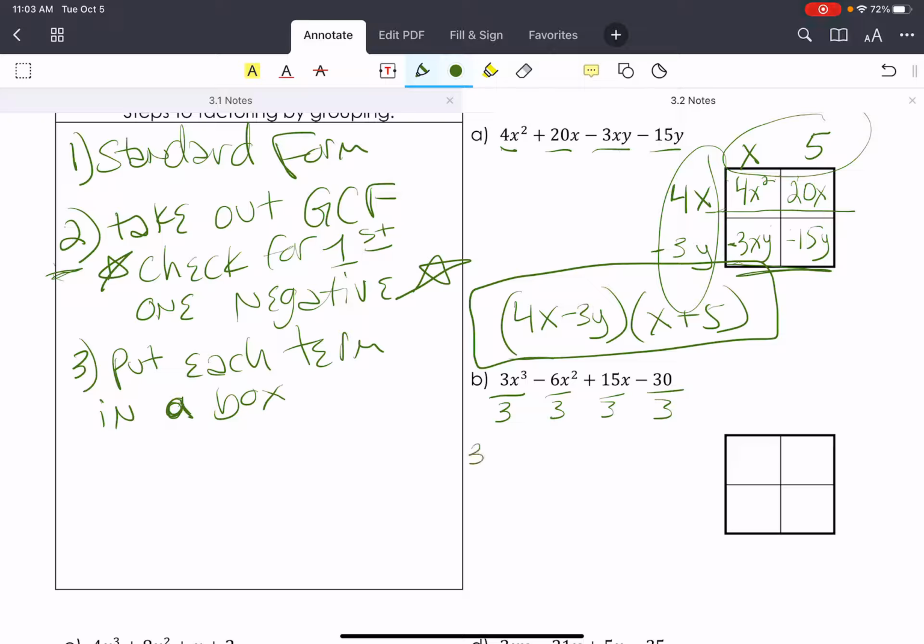So if I divide that GCF out, so now what I'm putting in the box is not the original. It's when I've taken out my GCF. So x cubed, negative 2x squared, 5x, and negative 10.